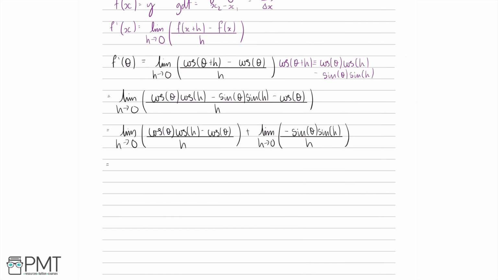So doing that, taking out the cos theta, factorizing it out, we have cos theta times, I'll put this in square brackets, the limit as h approaches 0 of, now cos theta cos h divided by cos theta is going to be cos h, and minus cos theta divided by cos theta is going to give us 1, so we have cos h minus 1 all over h. And the second part here, I'm going to take out minus sine theta, so I'll have minus sine theta multiplied by the limit as h approaches 0 of sine h over h.